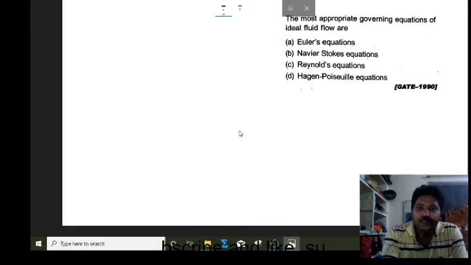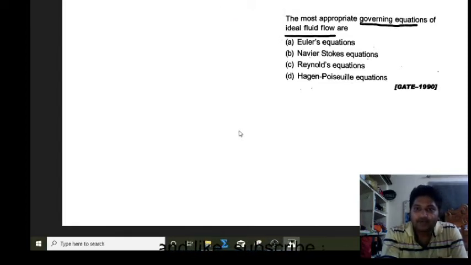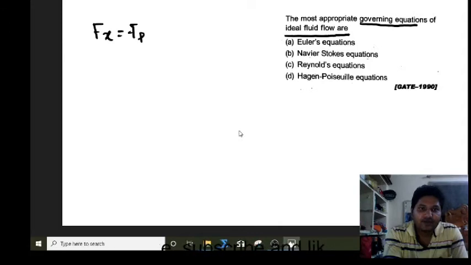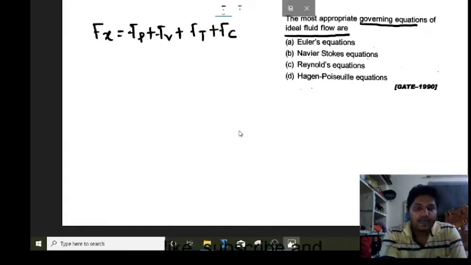Now, what is the most appropriate governing equation of ideal fluid flow? Already I have told you about some forces. Force in the x direction: the pressure force, plus the viscous force, plus the turbulence force, plus the compressibility force, plus the gravitational force.